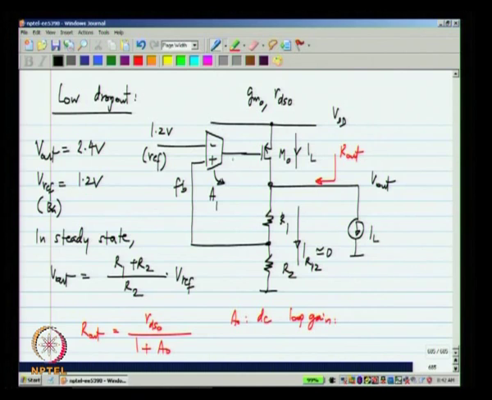Let us say this has a transconductance of GM1 and an output resistance of R01. So, this A1 will be GM1 times R01.